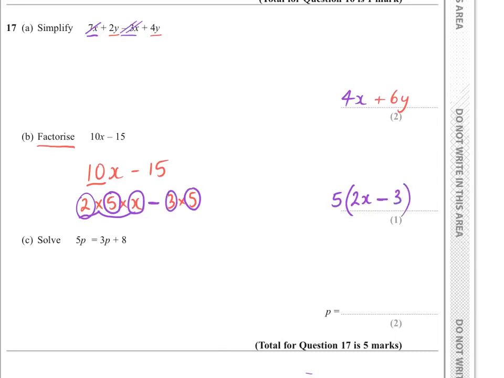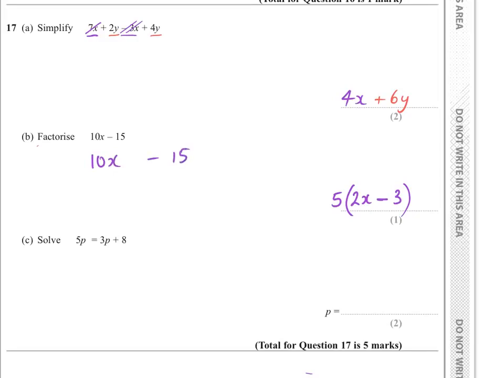Okay, so let's go through that process again. You take the 10x and you look at the negative 15. You factorise the numbers here. The 10 is 2 times 5 times x, and you do the same to the 15, which is 3 times 5. You then look at the common factor, which is 5, and then whatever's left here, the 2x and the minus 3, is what you put in the bracket.